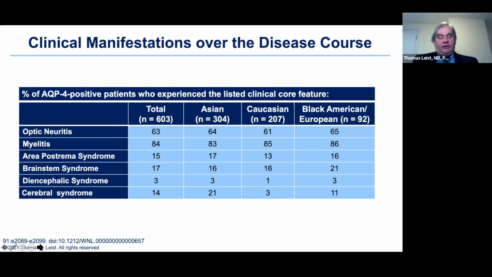Fewer people present with the other syndromes that I previously discussed with you: the area in the back of the brain where somebody can get hiccups, or the diencephalic syndromes that lead somebody to lose consciousness or awareness or have a narcolepsy-like presentation.